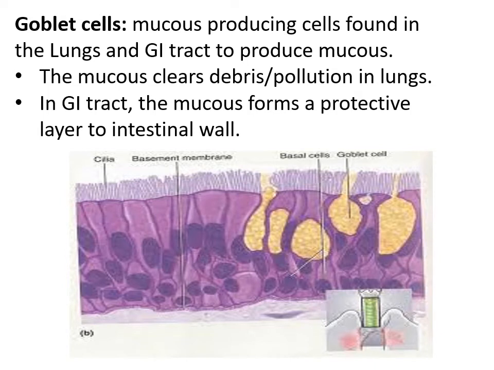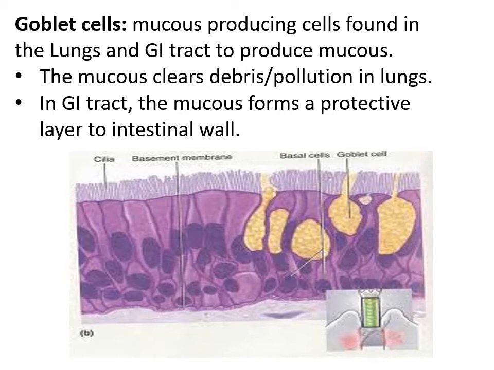So here's an image within epithelial tissue of either the lung or the gastrointestinal tract of goblet cells, and these cells constantly produce small amounts of mucus. And what does the mucus do? In the pulmonary system, in the lungs, it allows it to accumulate the debris and pollution, and allows the person to cough it up as sputum.